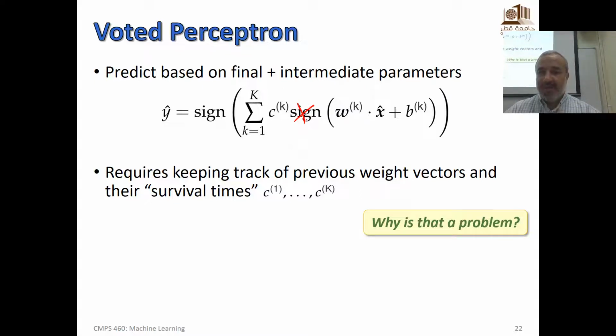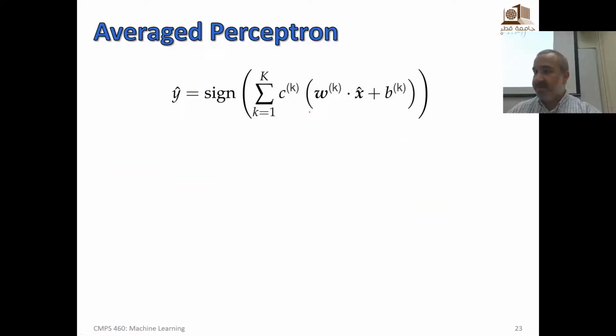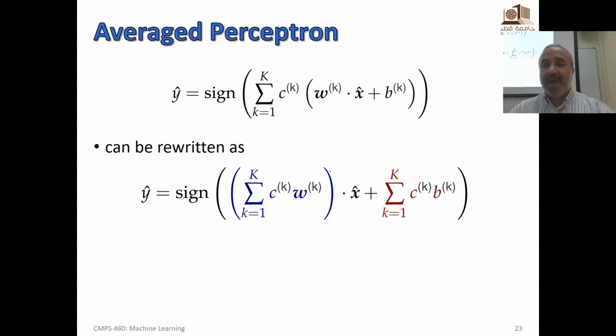That means this computation will be like multiplying the survival time with the weight and the example, plus multiplying also the survival time with the bias, for each model. So we will have something like this when we remove the sign.